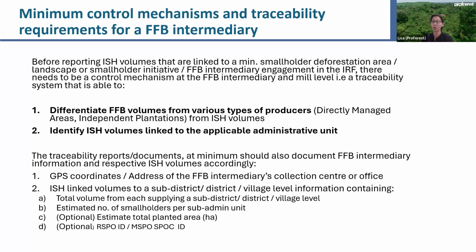Secondly, estimated number of smallholders per sub-administrative unit. And C and D are optional. These are to actually help you to validate whether the information provided is accurate. So you can look at threshold requirements, right? Hectarage against volume, whether the GPS coordinates are accurate according to the national platforms and systems. So you can do those kind of cross checks. Okay. Moving on to the next slide.